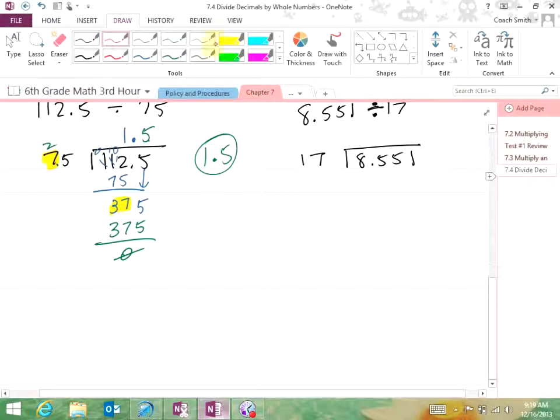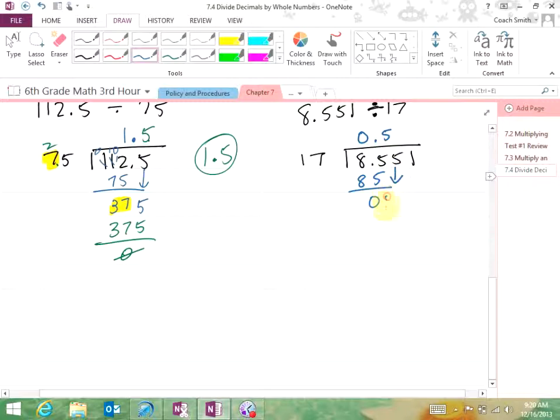All right. 17 doesn't go into 8, so we put a 0 and we put a decimal. 17 goes into 85 5 times. That would be 85. Remainder 0.